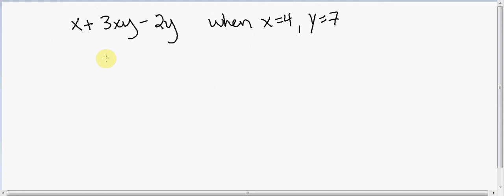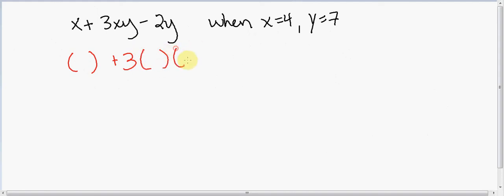Alright, now rather than combining like terms, what we're going to do is evaluate a variable expression. This is something else that you definitely need to know how to do. When you're evaluating a variable expression, you want to put parentheses everywhere you see a variable. Where I see that x, I put parentheses. I have a plus sign, a 3, I have an x, I'm putting parentheses.